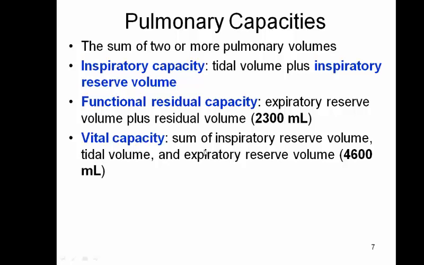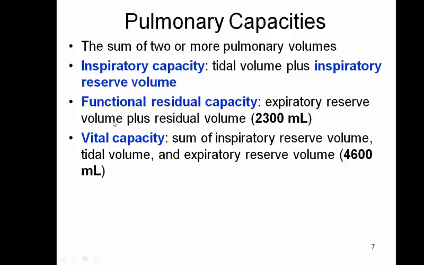Our vital capacity is the sum of 3 volumes: the tidal volume, the inspiratory reserve volume, how much air we can forcefully pull into our lungs, and the expiratory reserve volume, how much air we can forcefully push out of our lungs.